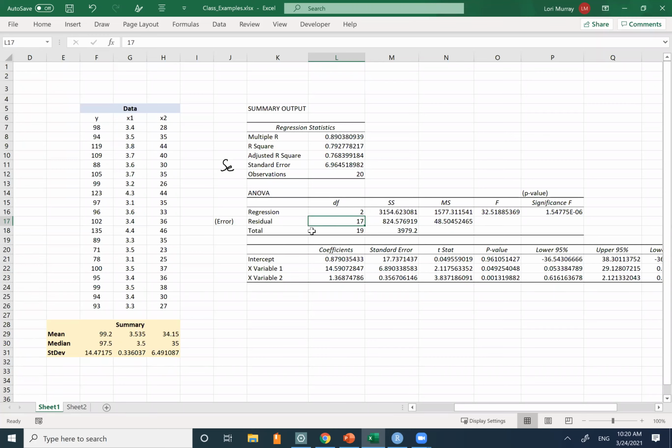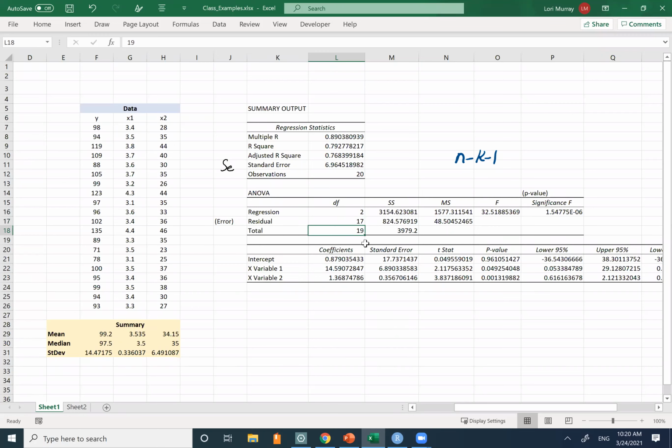For the error or the residual, it's going to be N subtract K subtract 1, where K is the number of independent variables and N we know is 20. So 20 subtract 3 gives us 17.